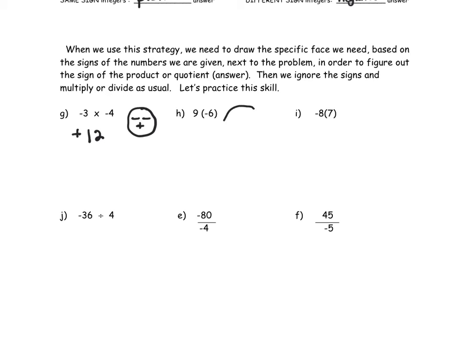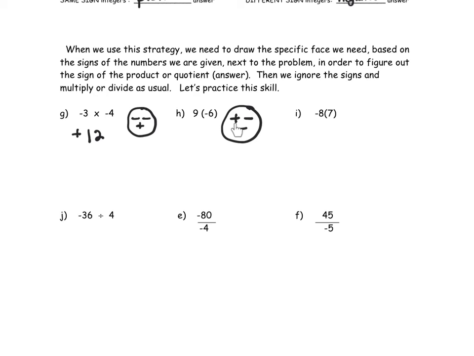We're going to draw a face. What do you think the eyes will look like based on the two numbers that are given? The face should be a positive eyeball for 9 because it's positive, and a negative eyeball for 6 because it's negative.